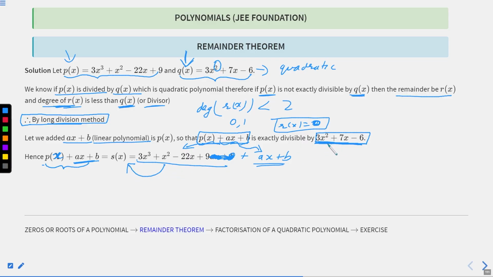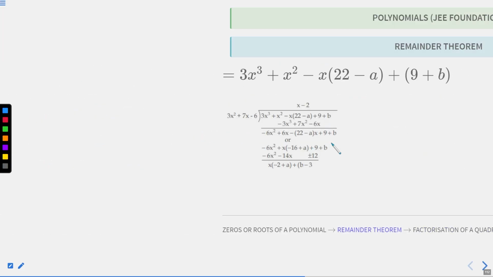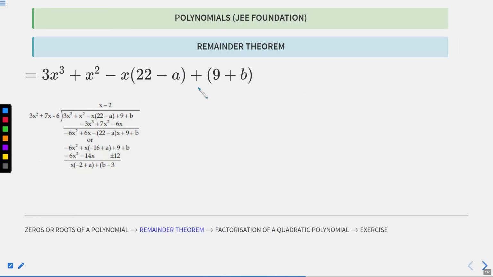Let's see how we are approaching it now. Moving next, you will use the long division method. I have already given 3x cube plus x square minus 22x plus 9, and what I added was ax plus b. First of all, I am pairing these terms and the constant terms.